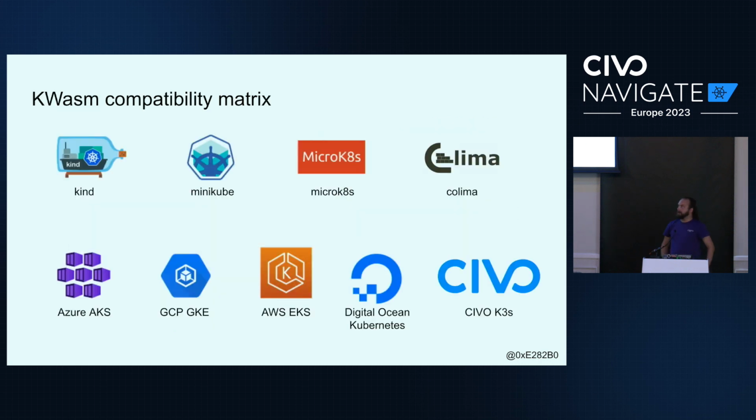Since I'm a multi-cloud consultant, most of our customers have not one cloud vendor, but multiple of them. And we thought, why should you log into a single cloud provider when you want to use WebAssembly images? Why not use all of them? And that's why we came up with the KWasm project. The basic idea is bringing the capabilities of running WebAssembly modules to basically any Kubernetes.